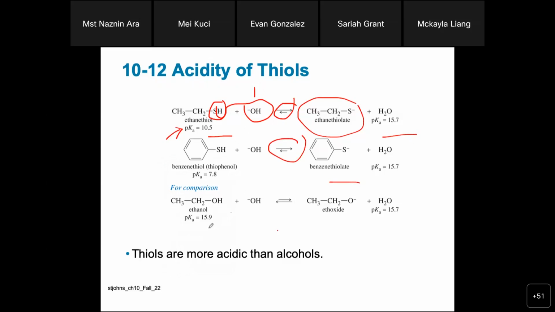For comparison, ethanol has a pKa of 15.9, meaning Ka will be the opposite value. So a lower pKa means more acidic. You can see here the ethoxide. This is the thiolate; we say thiolate because of the sulfur.